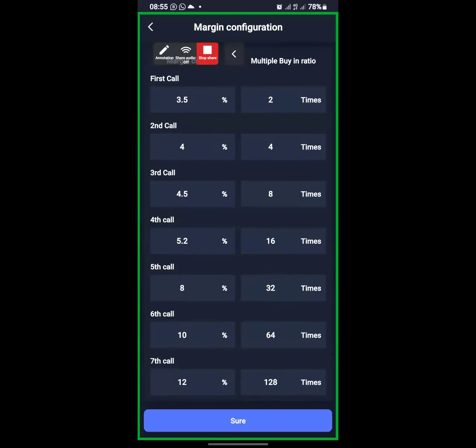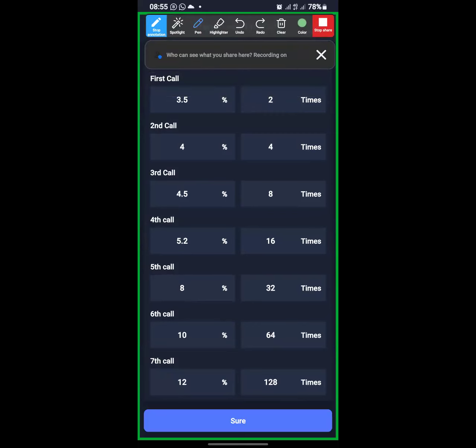The multiple buying ratio. If you're trading sub positions or sub sales, we normally put our focus on the 5th call up to the last call, because these calls are independent.